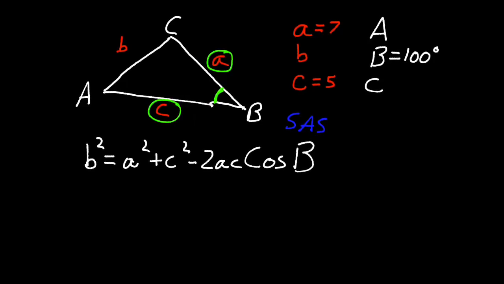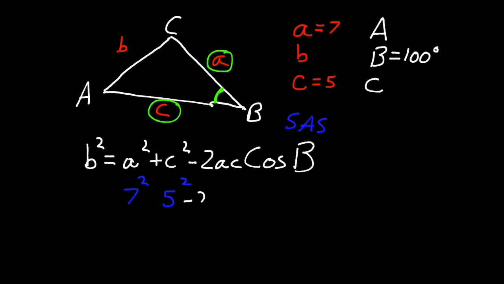So, let's populate, or fill in, substitute, the variables that we know. We know A, we know C, and we know capital B. So, I've got A is 7 squared. I know C is 5, which is getting squared.